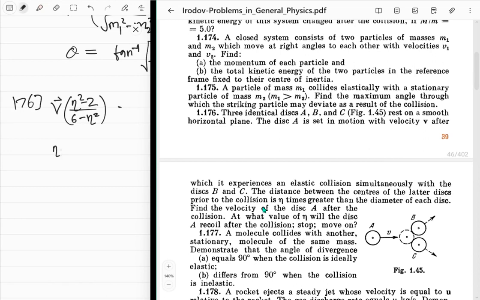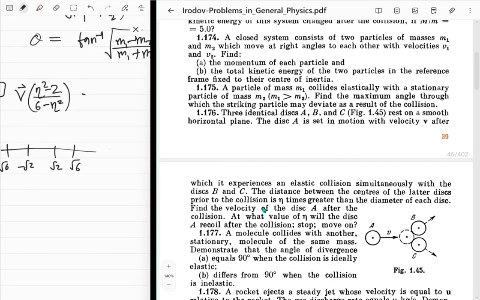First of all, let's just put this number line thing directly, right? This thing has roots at negative square root of 6, negative square root of 2, square root of 2, square root of 6. So farthest away, where eta is very large, this whole thing will be negative.